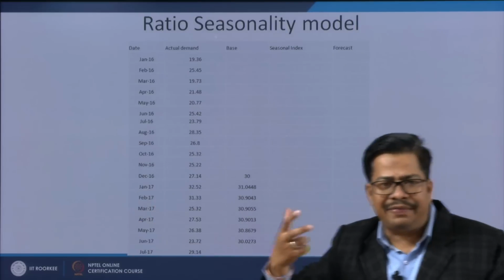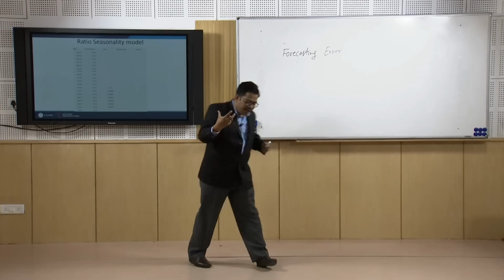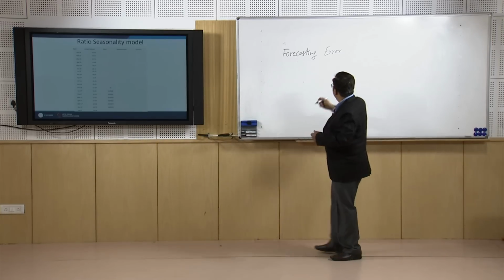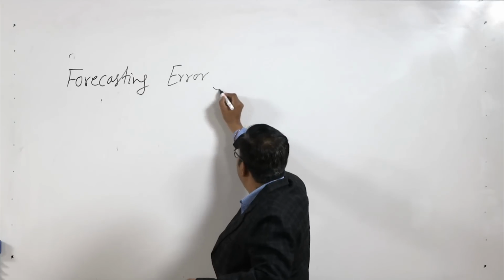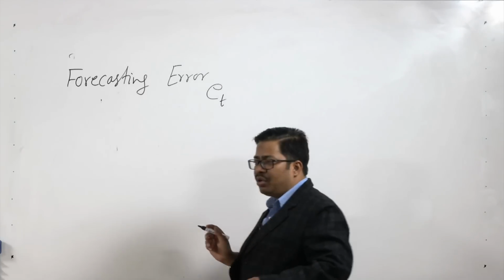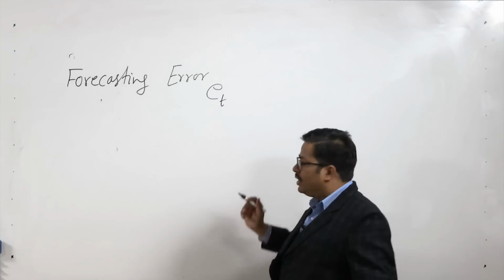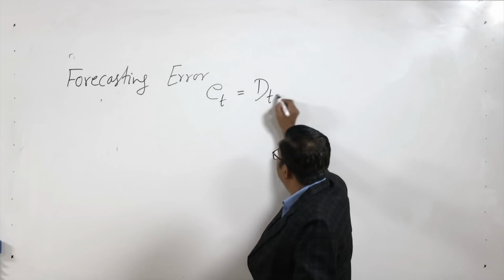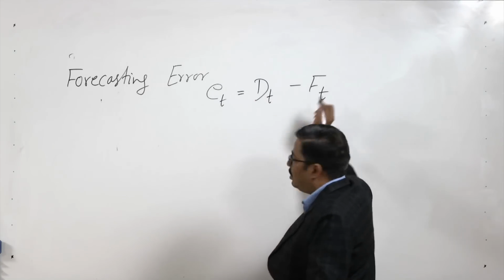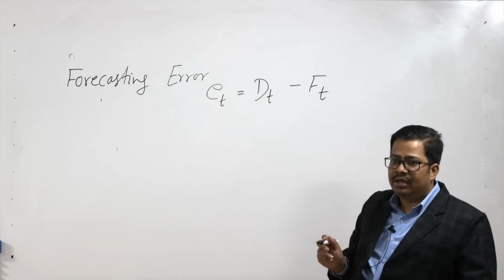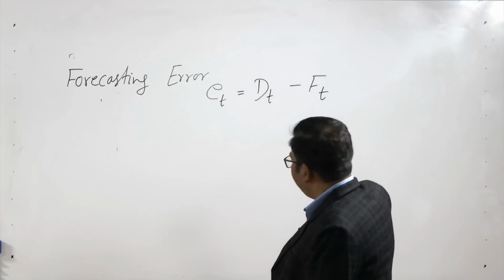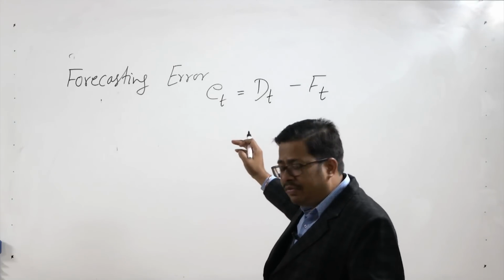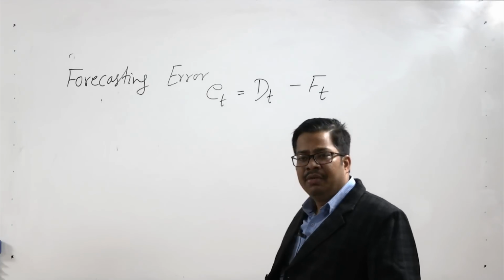So the difference of actual demand and the forecasted value is known as the forecasting error. Let us represent it for a particular period as E_t. E_t is the difference of demand and forecast for the same period.